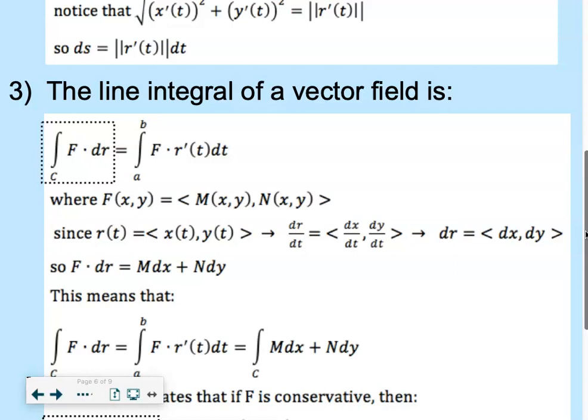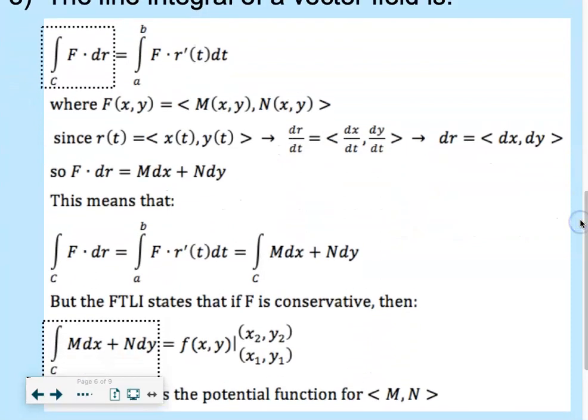You can do the dt's, but the dt's all end up just canceling out. So it works out nicely. So anyway, F dot dr is the same thing as F dot r prime dt, which is the same thing as the integral of M dx plus N dy. So we did one that was like this, just with x's and y's normal.